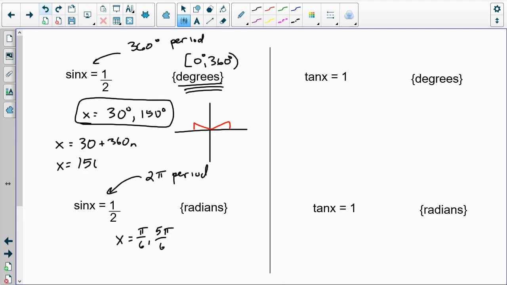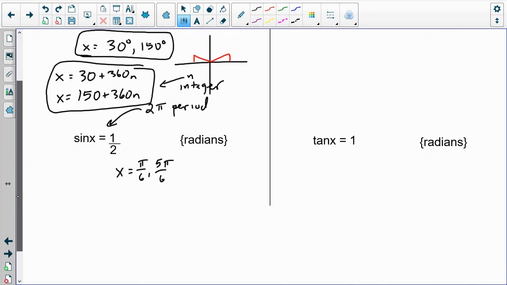So I have a new answer for degrees. It would be x equals 30 plus 360n, and x equals 150 plus 360n, where n is an integer.